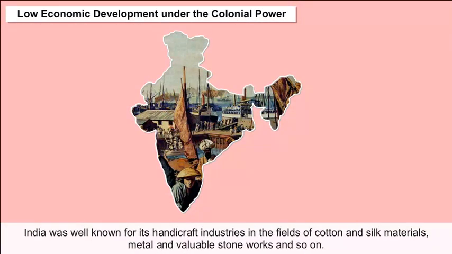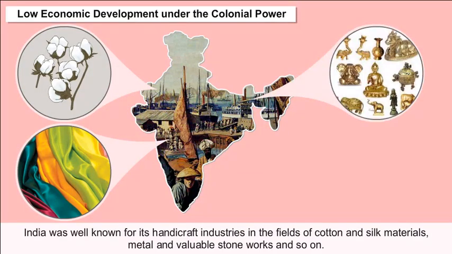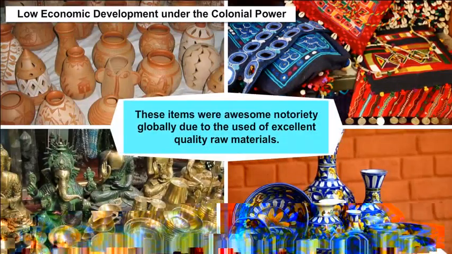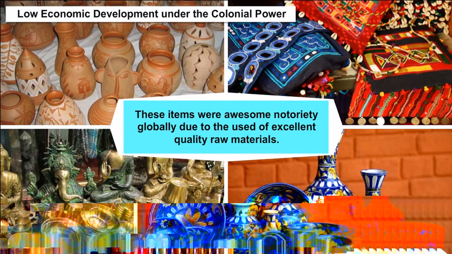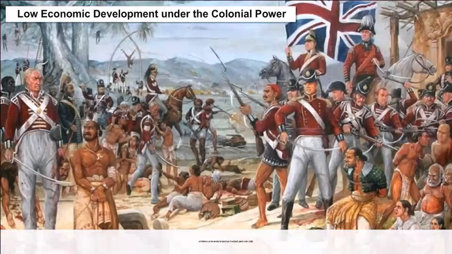India was well known for its handicraft industries in the field of cotton and silk materials, metal and precious stoneworks, and so on. These items had awesome reputation globally due to the use of excellent quality raw materials.